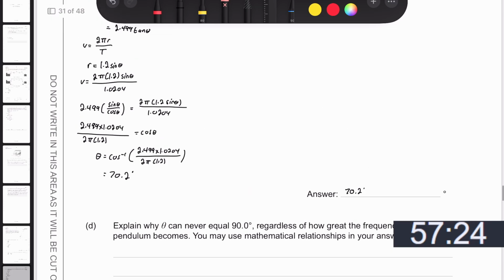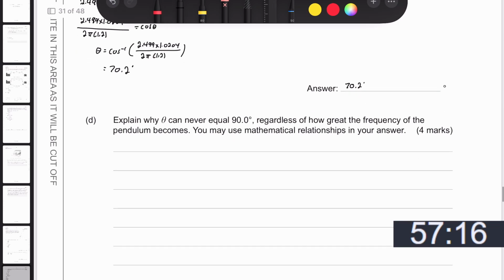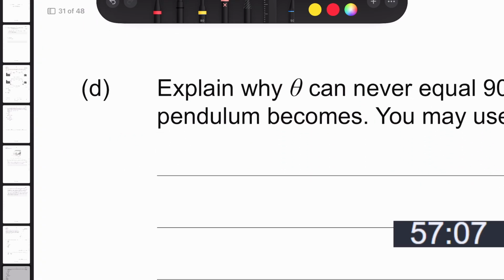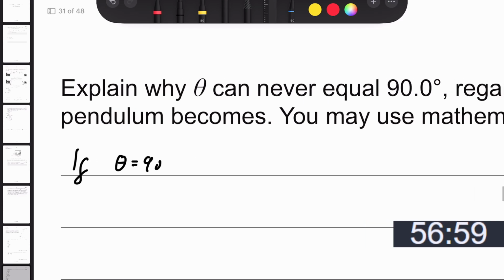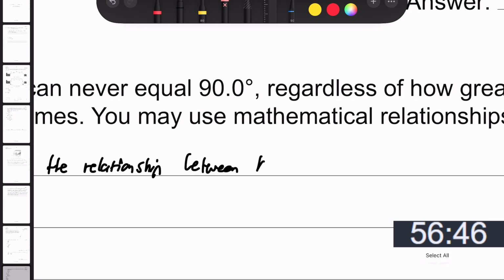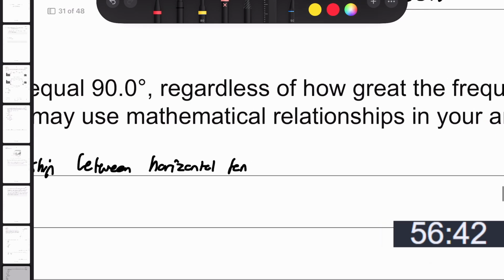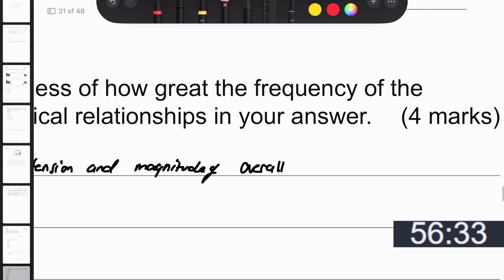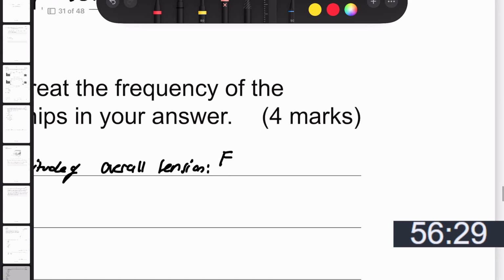Explain why theta can never equal 90 regardless of how great the frequency of the pendulum becomes. You may use mathematical relationships in your answer. There must be some tension force if theta equals 90, and the relationship between horizontal tension and magnitude of tension, which would be F_T horizontal equals force of tension cosine of theta.